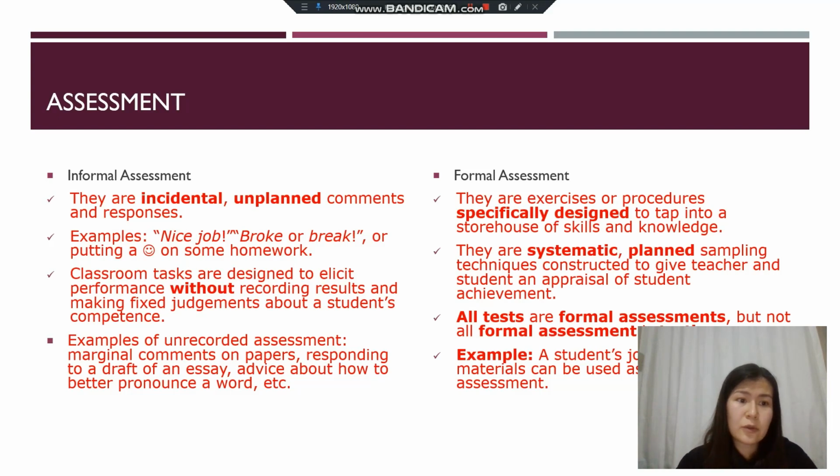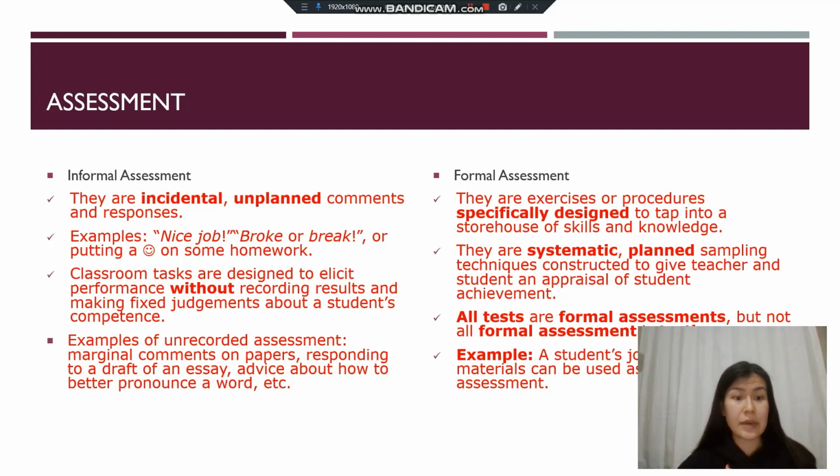And let's look at informal and formal assessment. Informal assessments are incidental, unplanned comments or responses. For example, nice job, well done, good work, or "broke or break?", "Did you say can or can't?", etc. These are incidental, unplanned comments.